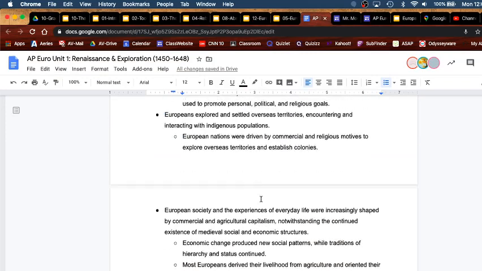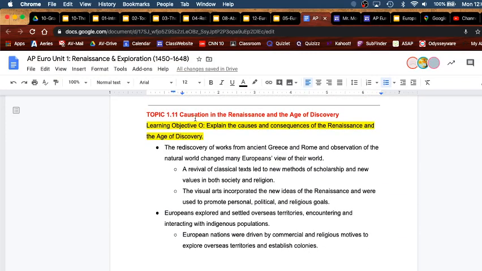I bring that up because as we get into this last unit, causation in the Renaissance and the Age of Discovery, causation, cause and effect, seeing how the Renaissance leads to an age of discovery, and seeing how the Renaissance opens the gates to the next unit of Reformation, seeing those things that caused the Renaissance to come about in the first place.